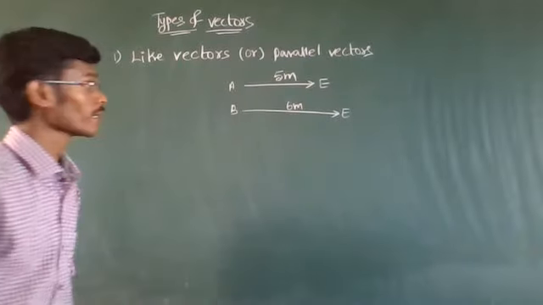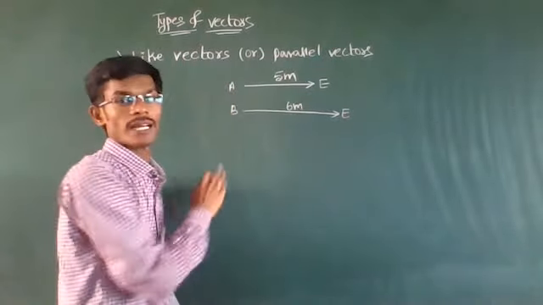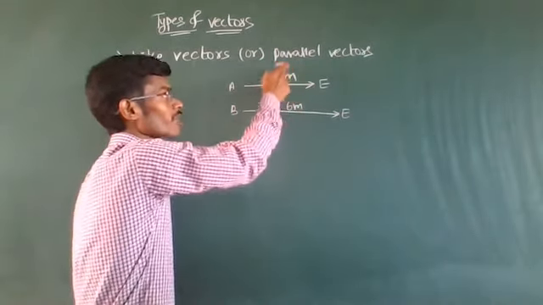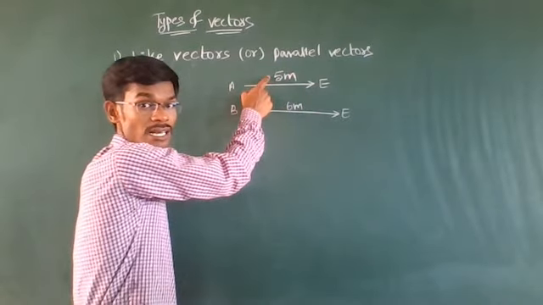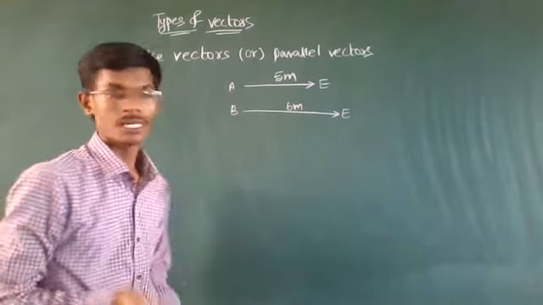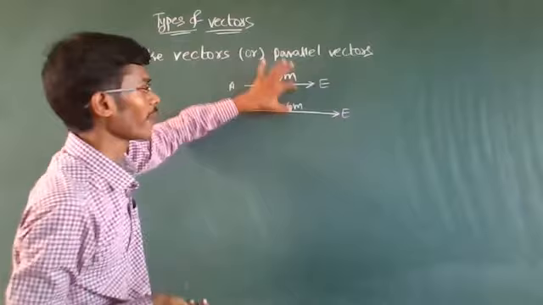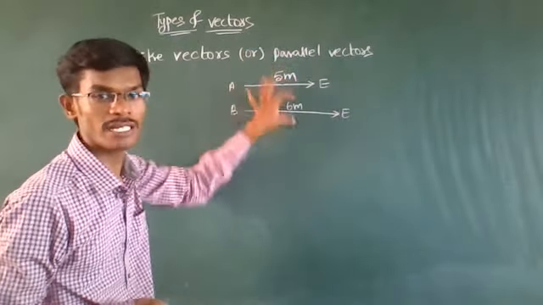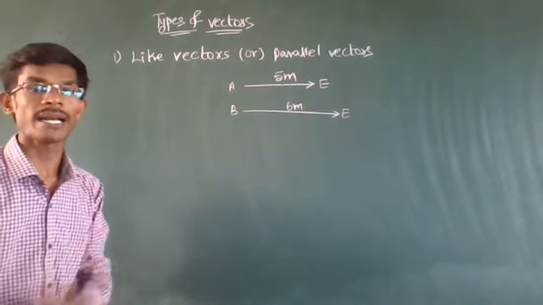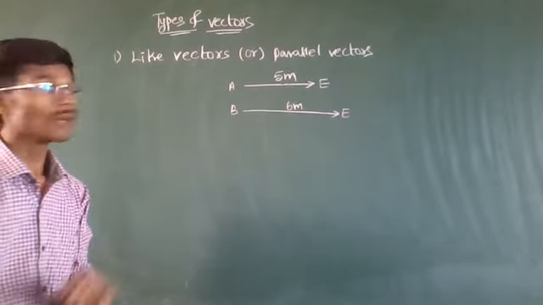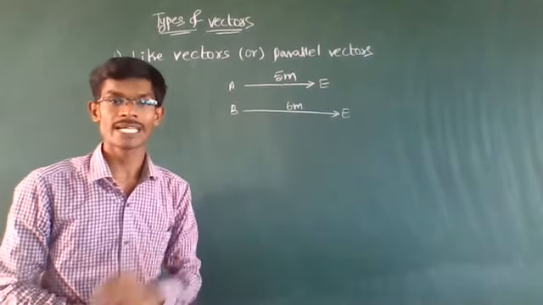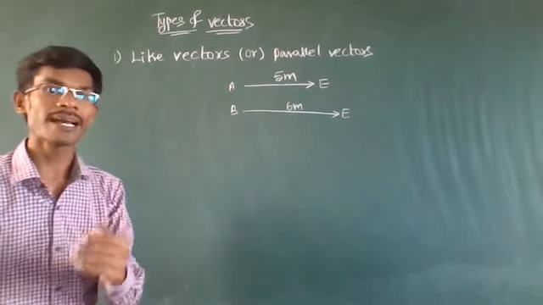If you observe this, both persons A and B are running along the east direction, but how much distance they have covered differs. Person A has covered 5 meters, and person B has covered 6 meters. So the direction is the same, but the magnitude is different. This type of vector quantities we will call like vectors or parallel vectors. The physical quantities which have the same direction but magnitude may be different, those vectors we will call like vectors or parallel vectors.